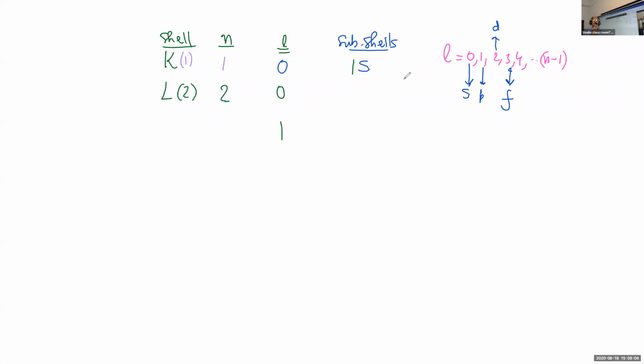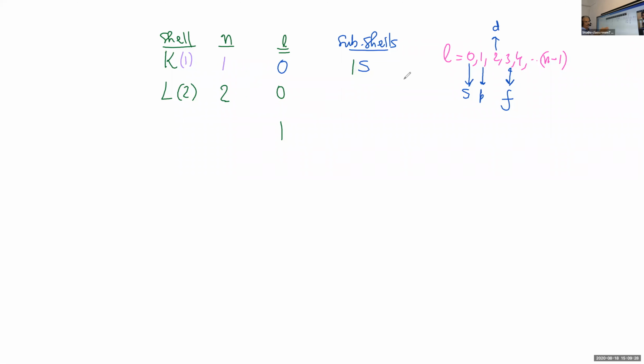Since there are 2 L values, in the L shell 2 subshells are possible. This is the thing we have already studied, but it was another concept, another approach, another theory.